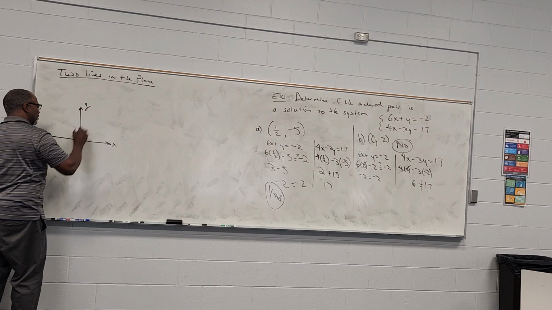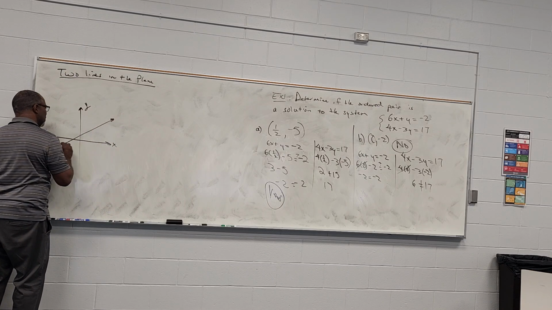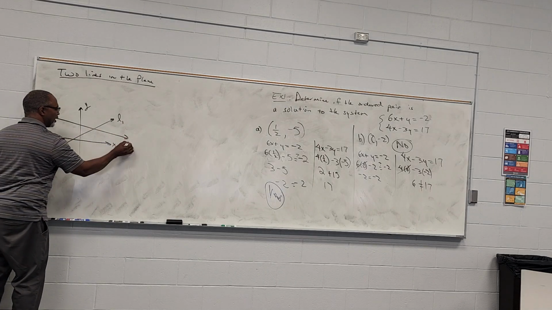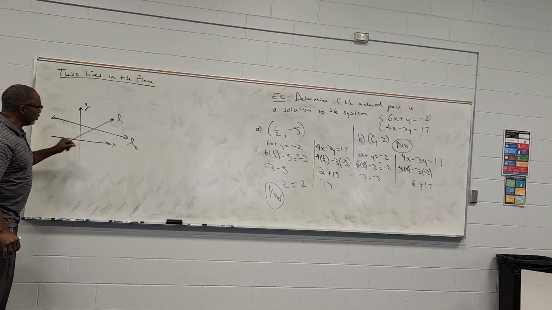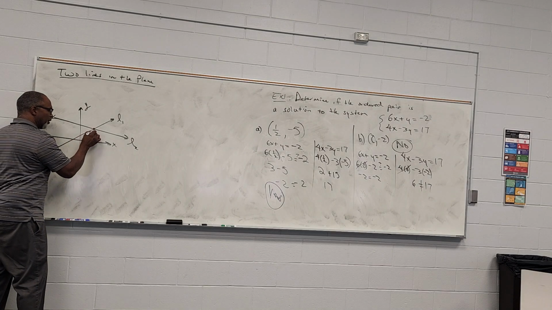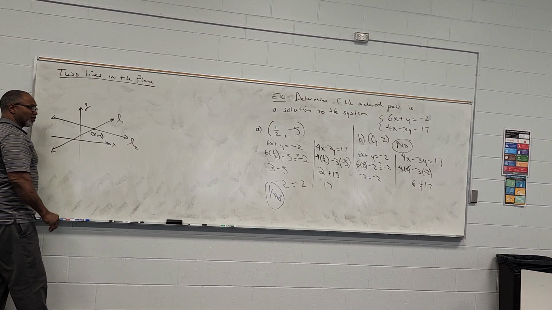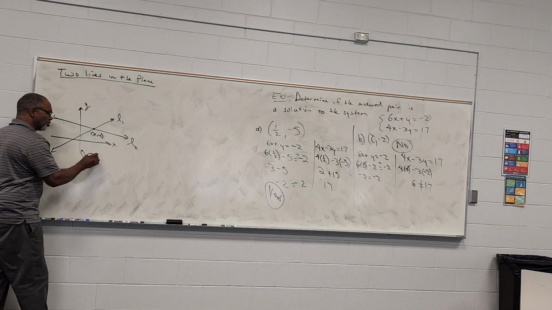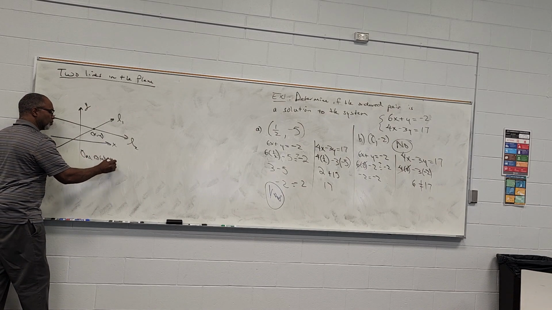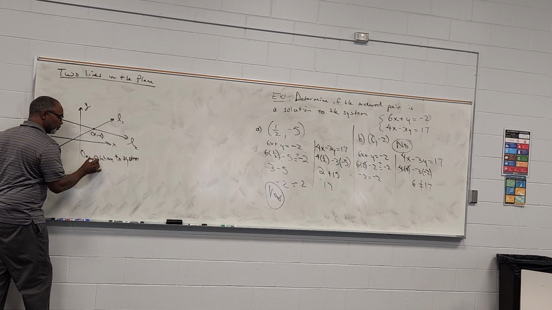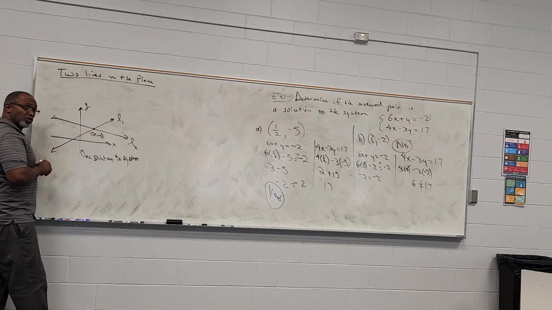So I've got an x and a y axis. Suppose one line is like this, there's line L1, and another line is like this, there's line L2. Well, those two lines cross right here at some x comma y. Anytime two lines cross at a point x comma y, that means there is one solution to the system. There is one, and that's the point where they cross.